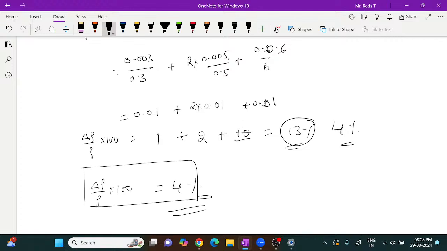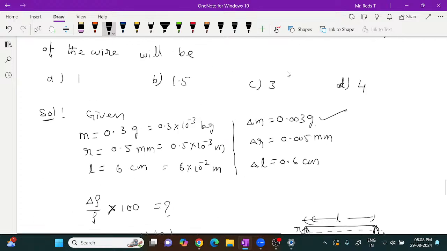So if it is 0.6, then you will get 13%. In that case, the options should have 13%. Then only the question is correct. Otherwise, you have to take a correction. Yes, this is what you have to keep in mind.